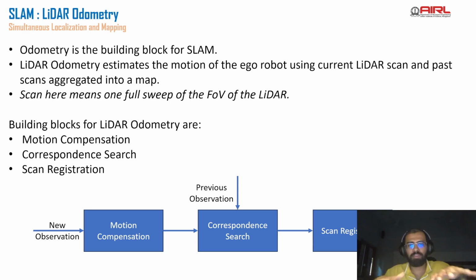So first, let me explain why you would like to match the scans in the first place. If you know that this scan and this scan exist, and I want to merge them together, in this case the left and right hand, let's keep it this way. I want to merge them together. If I can estimate this translation and rotation, I know the motion the ego object did, right?